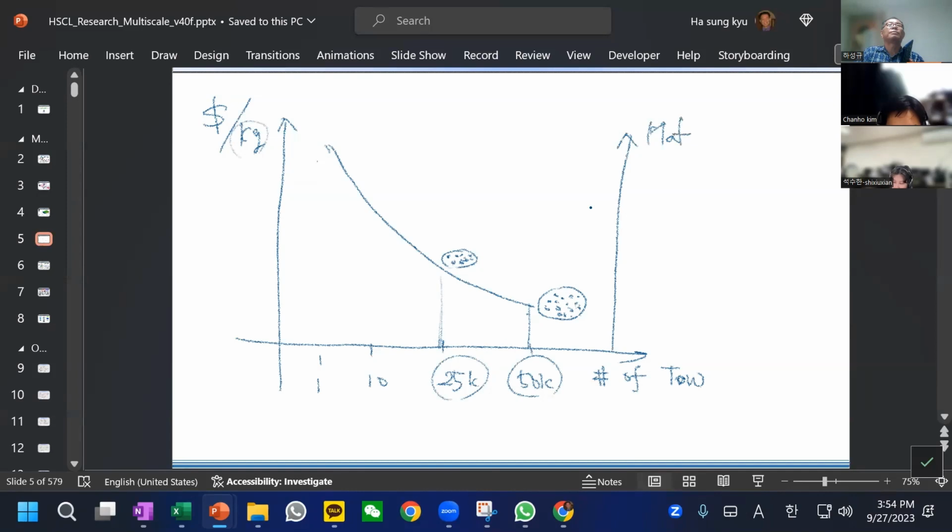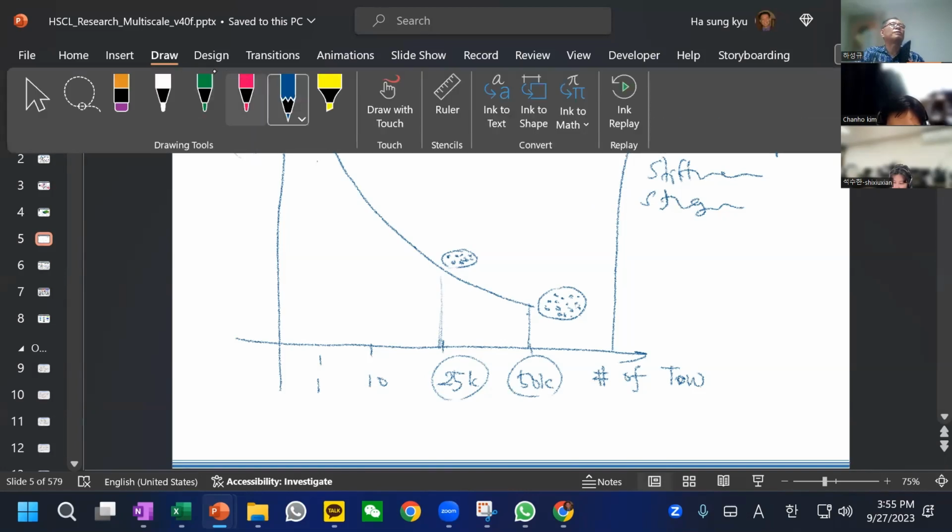But the material property in terms of stiffness or strength will unfortunately drop as well.